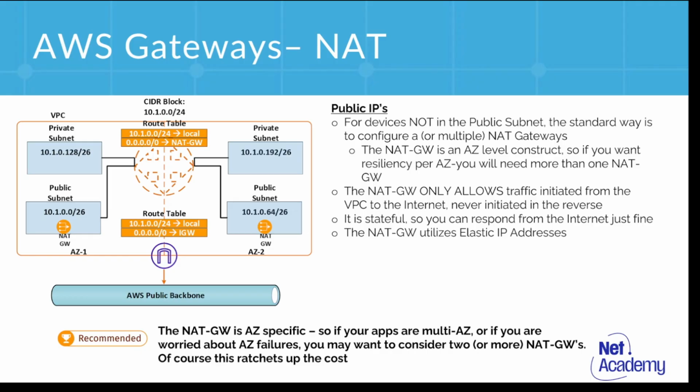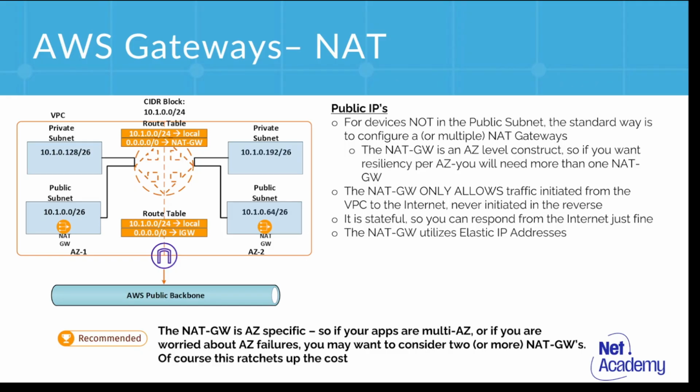If you're in two AZs, AZ1 and AZ2, and resiliency is critical, you have an app that requires it, for example, then you may need a NAT gateway object in both of those availability zones. The NAT gateway always goes in the public subnet. Why? Because the NAT gateway gets an elastic IP, right? Everything in the public subnet gets a public IP. NAT gateway gets a public IP via an elastic, so it goes in the public subnet.